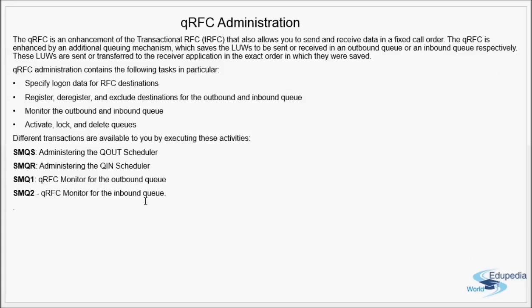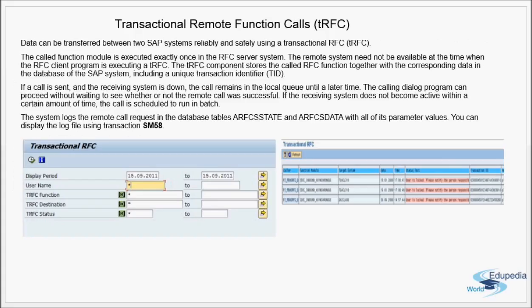SM58 is for transactional RFC. Even this has to be monitored every day, and especially the error entries in SM58 we have to take care of. Because if you leave the error ones, the job which processes these tRFCs keeps reprocessing them every time, and the data will simply pile up in these two tables.